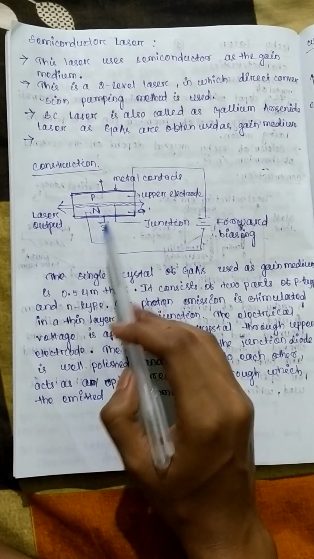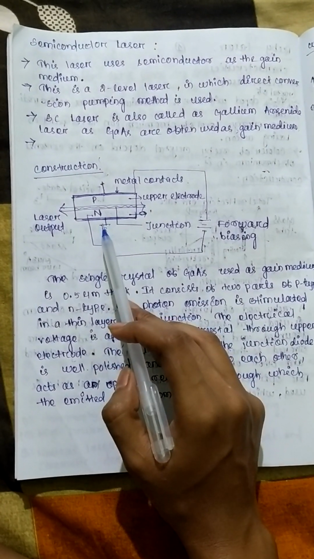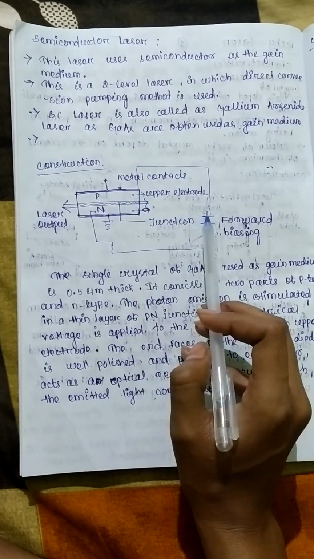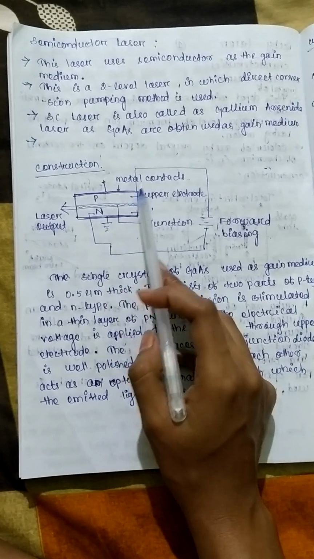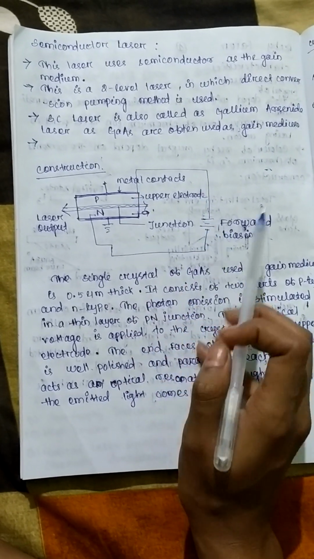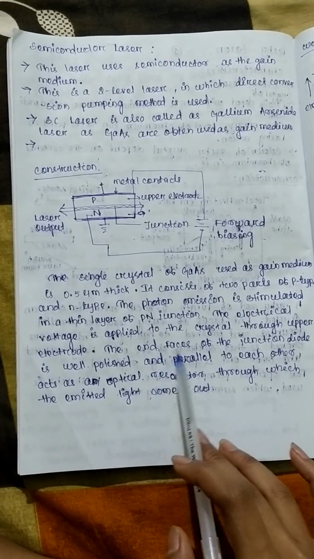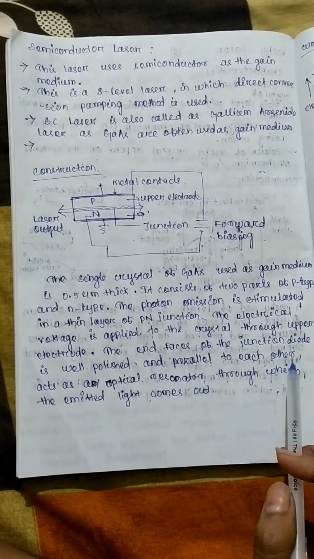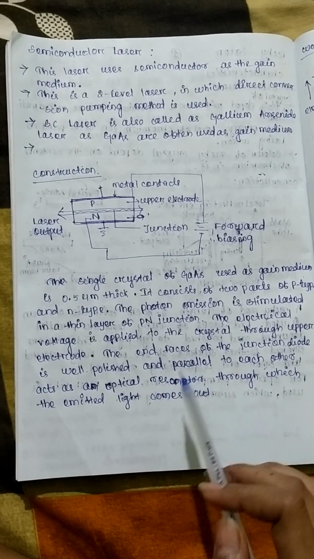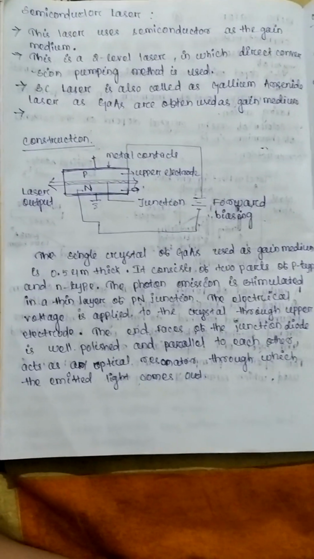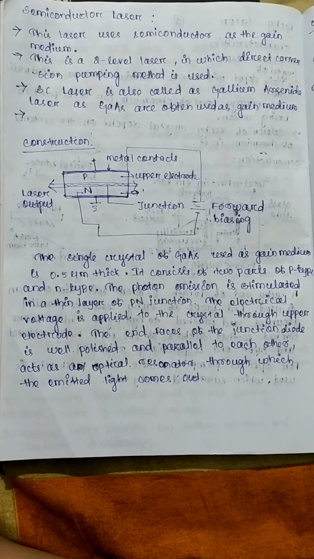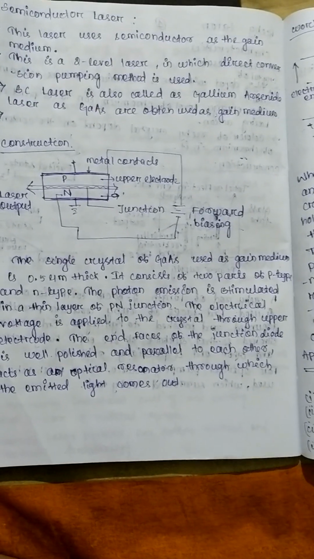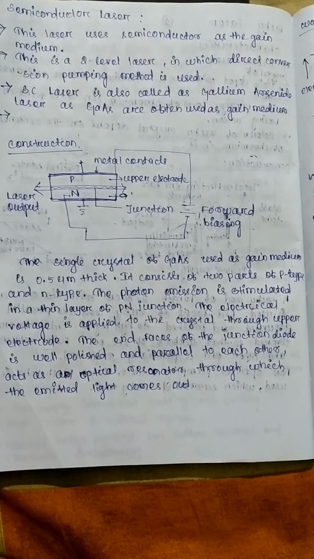So the N junction is grounded, and the metal contacts of the P side is given forward voltage. The N faces of the junction diode are well polished and parallel to each other, and act as an optical resonator, which means there are mirrors where photons are reflected back.